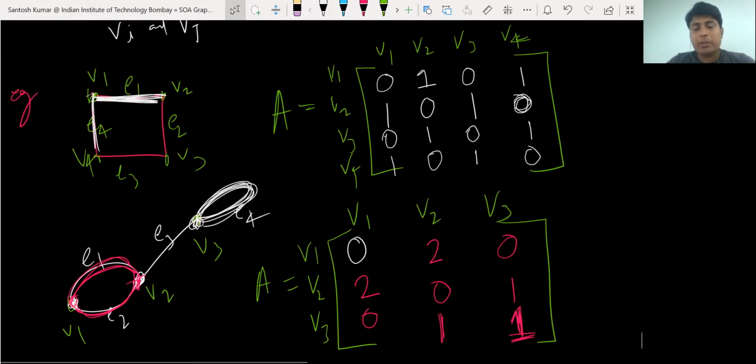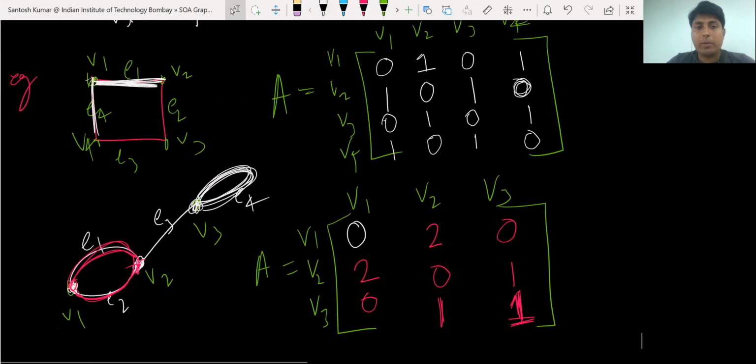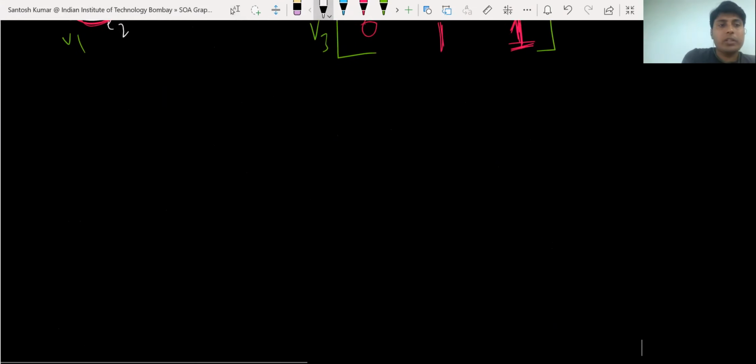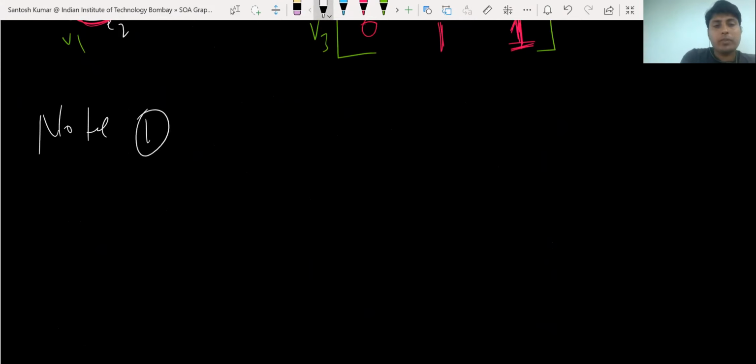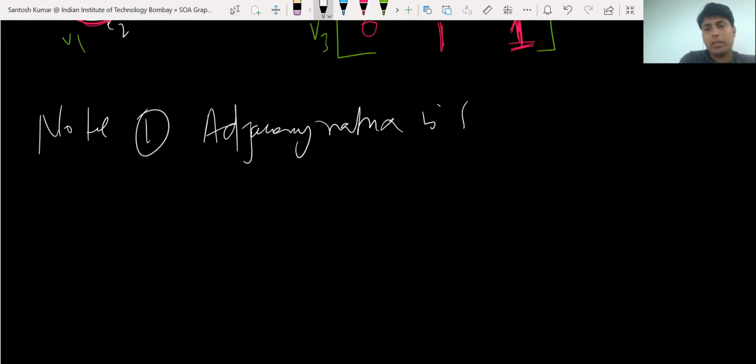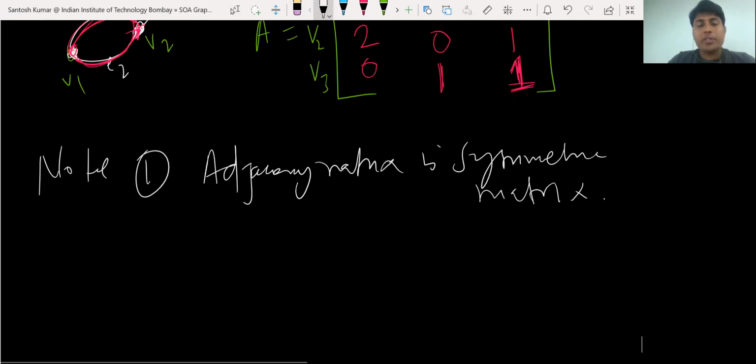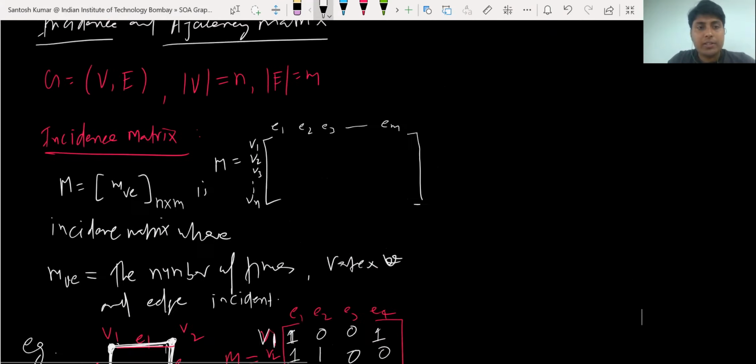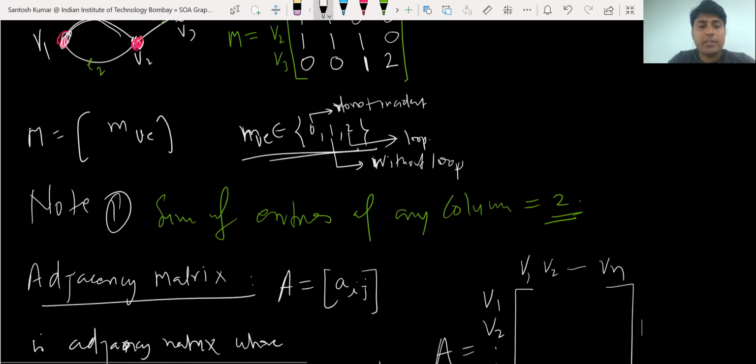So that's why this matrix will be symmetric. You can note one thing, that the adjacency matrix is a symmetric matrix. Okay, so we discussed the incidence matrix and adjacency matrix.